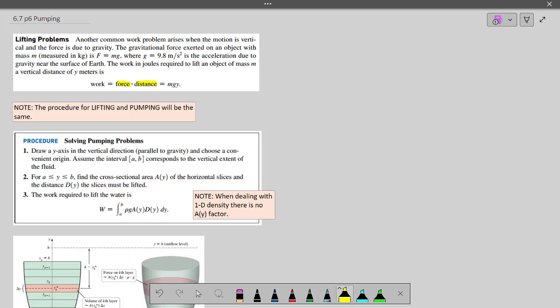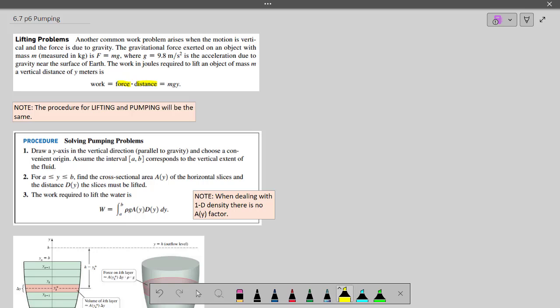And so you've got that constant mass and you're just going to lift it. Newton's law says that force is mass times gravity. And so if we're lifting a block, all we have to do is mgh, mass times gravity times height or distance traveled. So mgh, mgy, however you want to think about it. So that's the simplest case.